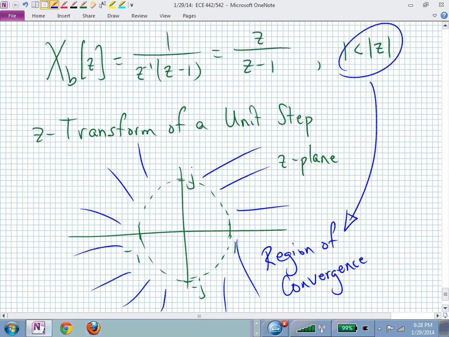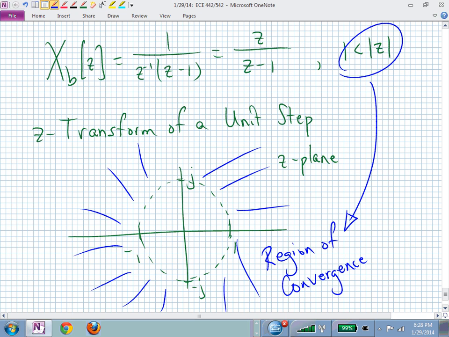That condition said, oh, z needs to be outside 1 in order for this sum to be bounded, and if that sum is bounded, then I can write it as this closed form expression, or this ratio of z's, z over z minus 1. And that's now my z transform of a unit step.